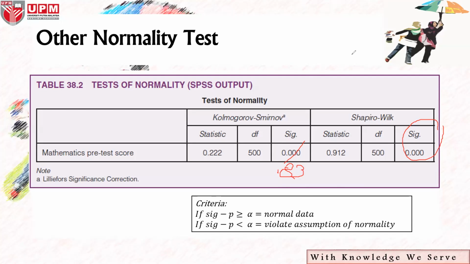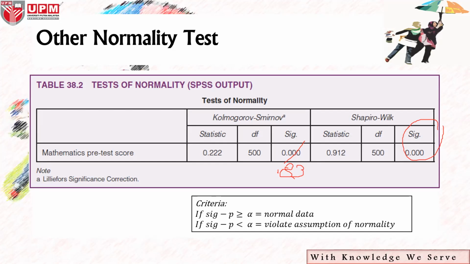Okay. Jadi kita dah belajar to check on the normality. We have mean equals to mode equals to median. That one is the first one. The second one is we check on the skewness and kurtosis value. The cutoff point, the most conservative is plus minus 3, but the better one is plus minus 2 for normality based on skewness and kurtosis.